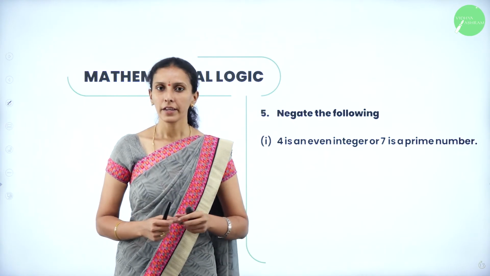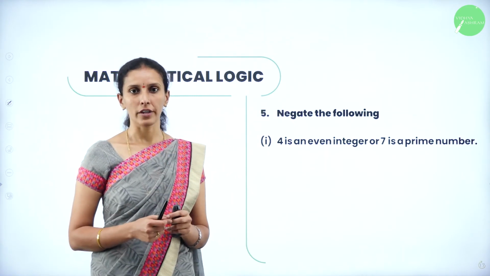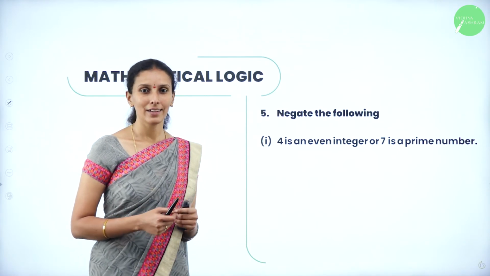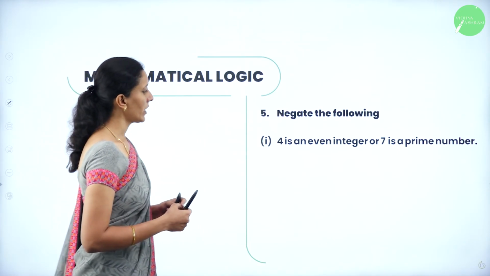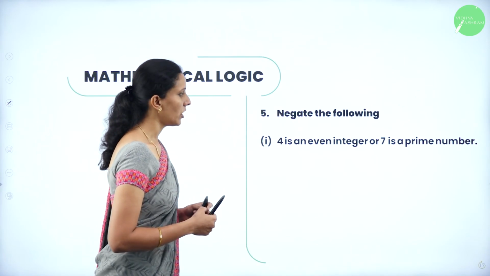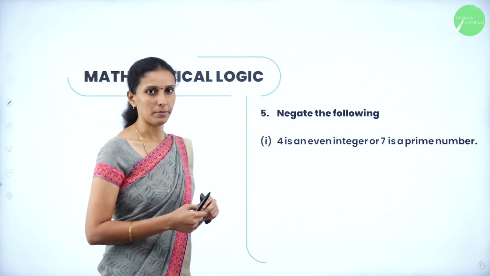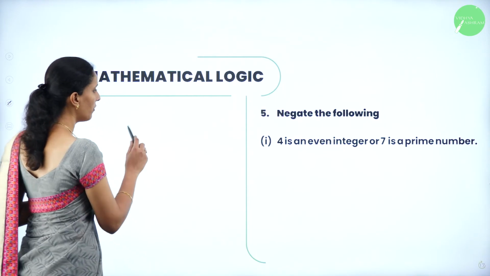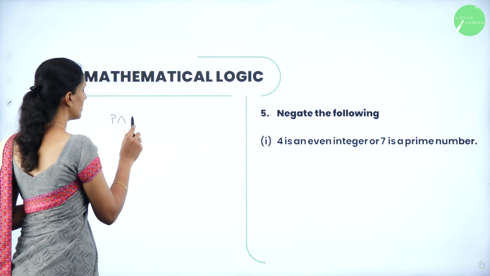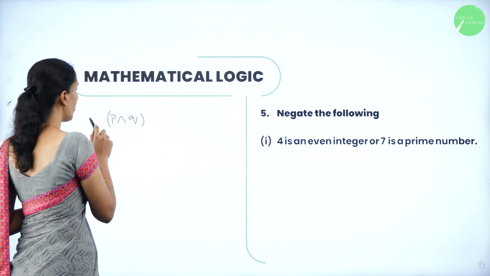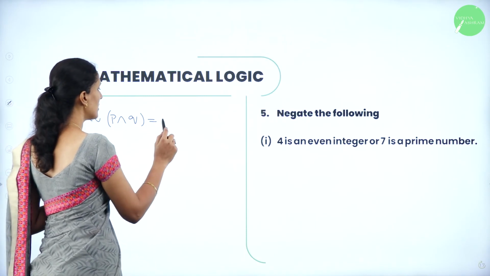So next type, here directly the statements are given. We are just supposed to negate the statements. The first one is 4 is an even integer or 7 is a prime number. So now it is in the form of P disjunction Q. So when you are negating this, what is this?